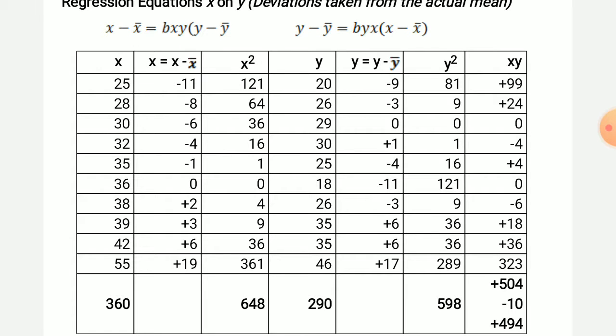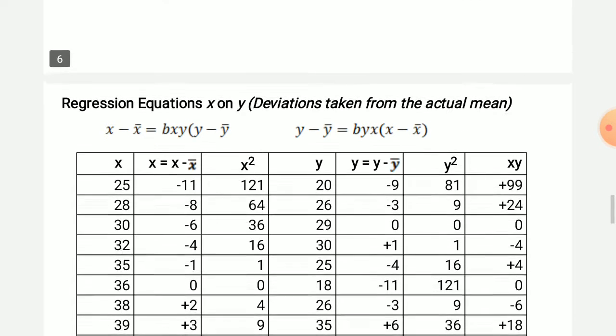Y minus y bar is equal to y. Here the value of y bar is equal to 29.